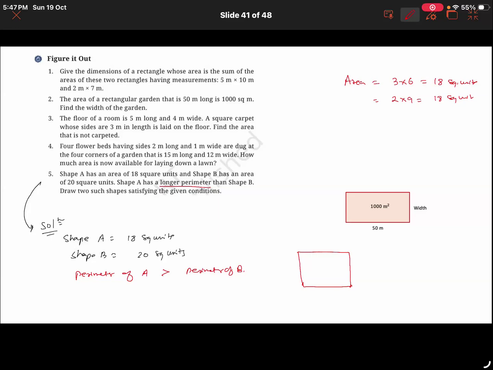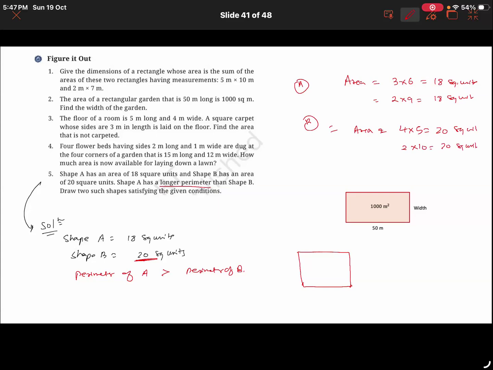Similarly, that was for shape A. For shape B, the possibilities of the dimensions could be like this. The area is given as 20 square units, so it can be written as 4 into 5, that is 20 square units, or as 2 into 10, that is also 20 square units. Understood that?